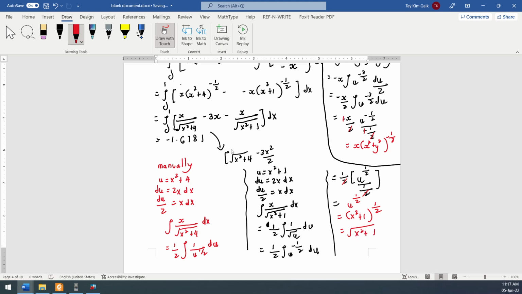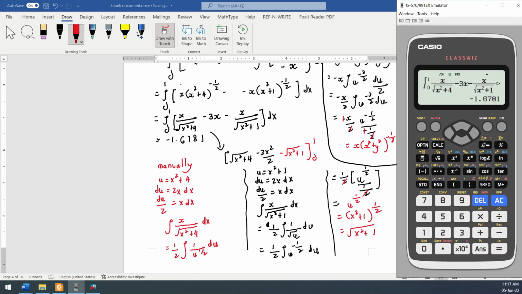So the first term you get is square root of x squared plus 4, the second term negative 3x squared over 2, and this is minus square root of x squared plus 1. So evaluate from 0 to 1. You can also use a calculator.